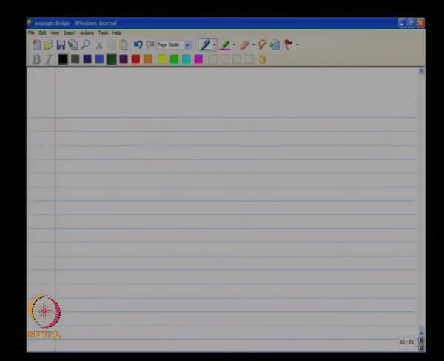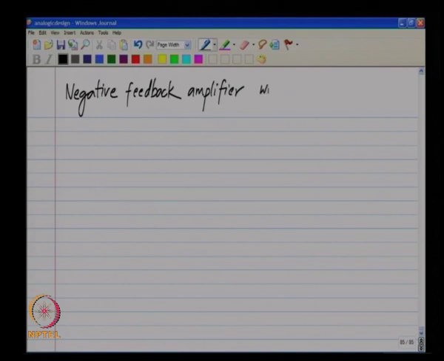Finally, a quick summary of a negative feedback amplifier with delay.